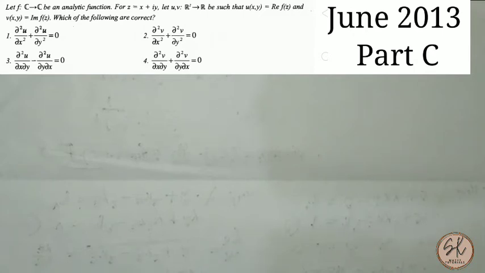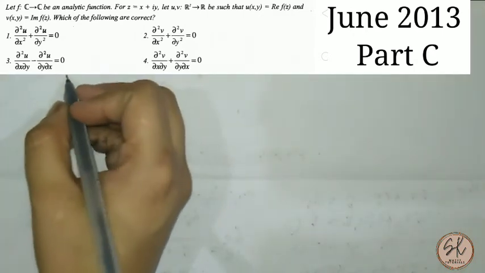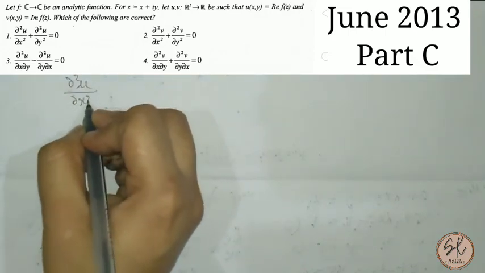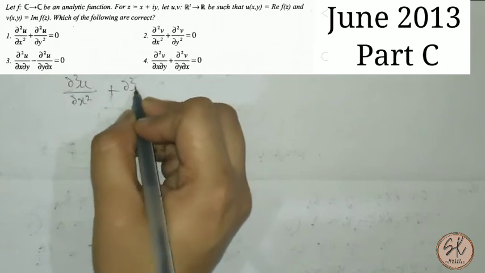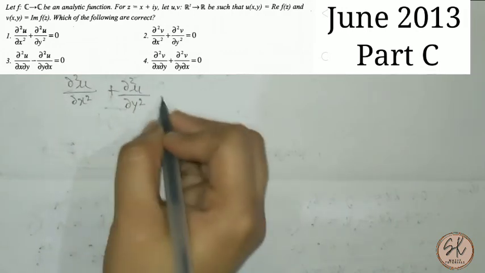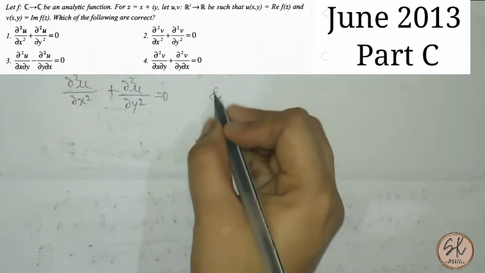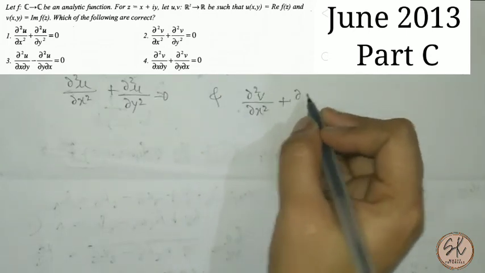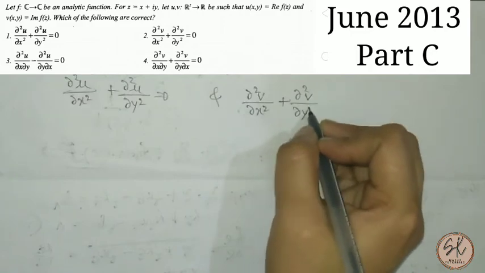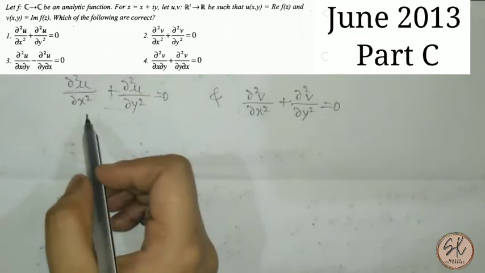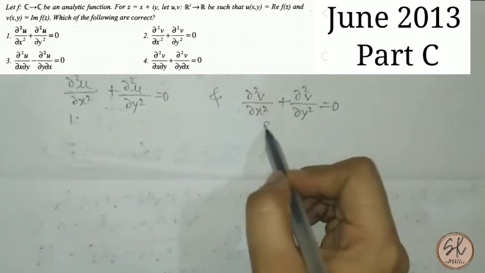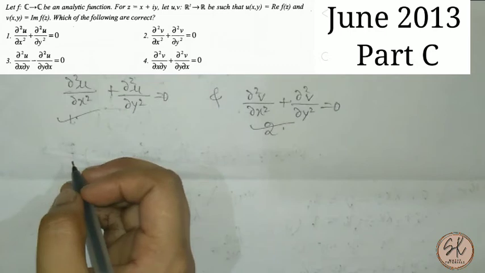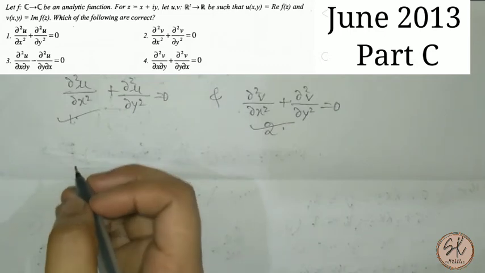Okay, and the Laplace equation for the real part u is given by del square u by del x square plus del square u by del y square equals 0, and for the imaginary part it's given by del square v by del x square plus del square v by del y square equals 0. So see, this is option 1 and this is option 2, so both are correct. Okay, now let us check if any other option is correct or not.